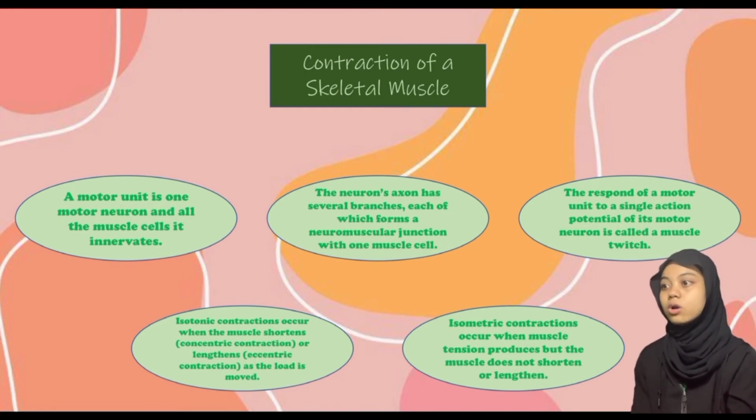Isotonic contractions occur when the muscle shortens, concentric contraction, or lengthens, eccentric contraction, as the load is moved. Isometric contractions occur when muscle tension is produced, but the muscle does not shorten or lengthen.